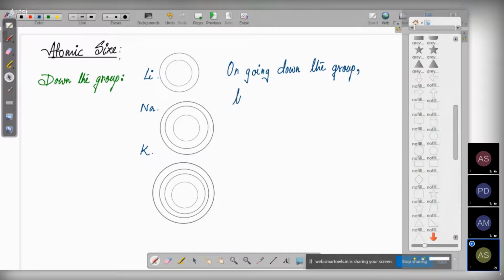On going down the group, the number of shells increases due to an increase in principal quantum number.